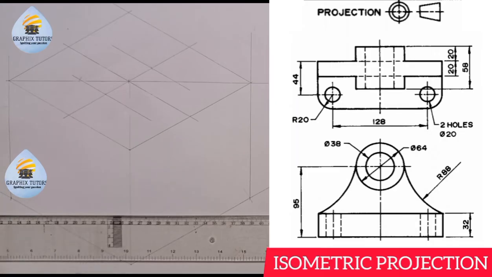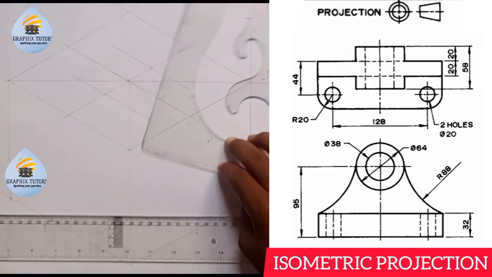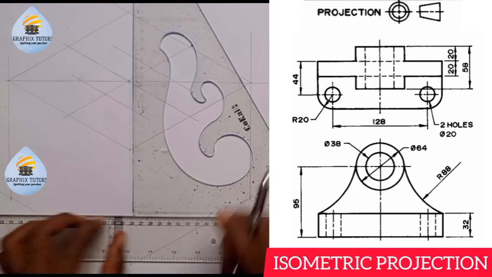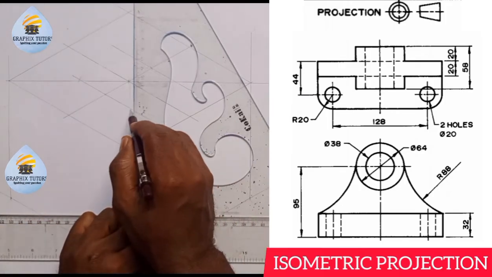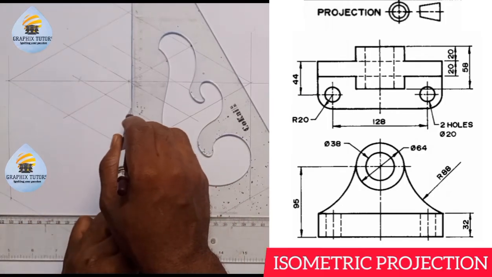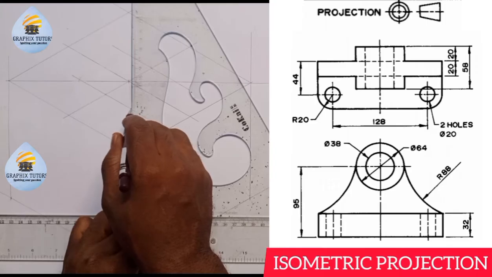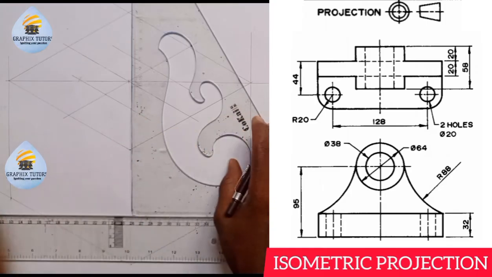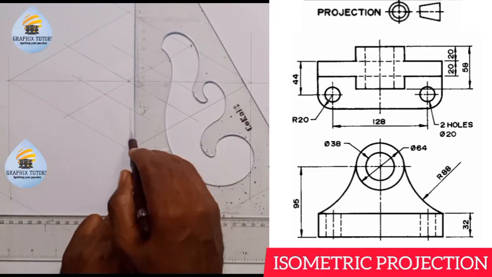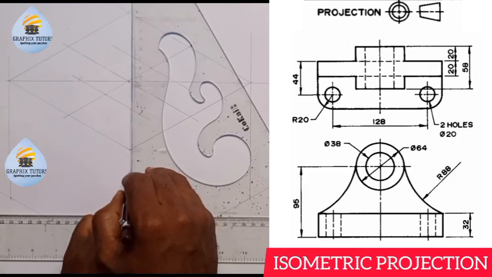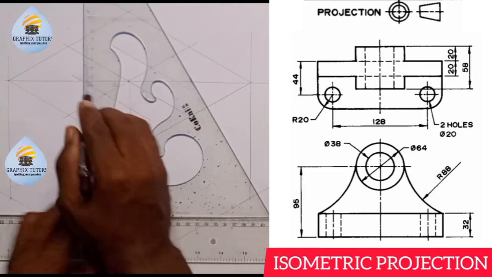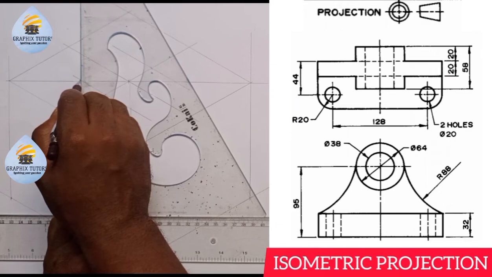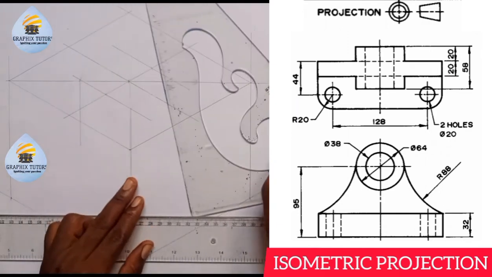Then I'll draw it down, straight down, like this. I'll draw it down straight down this way. Then I'll come here, let me take it more down. Then I'll do the same thing here too. Can you see that?